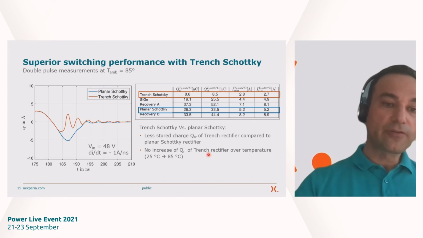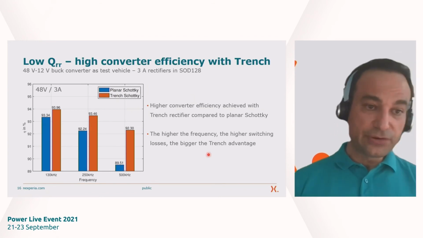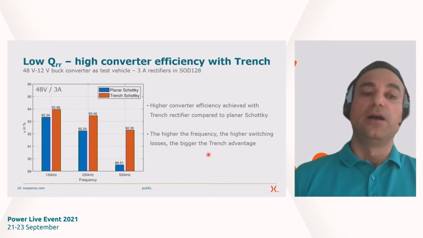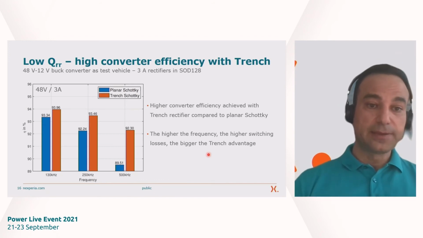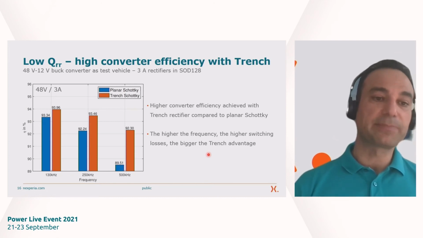What does it mean for the LED driver? Now we measure the efficiency of a 48 to 12 volt buck converter, which is a representative tool to characterize such an application.